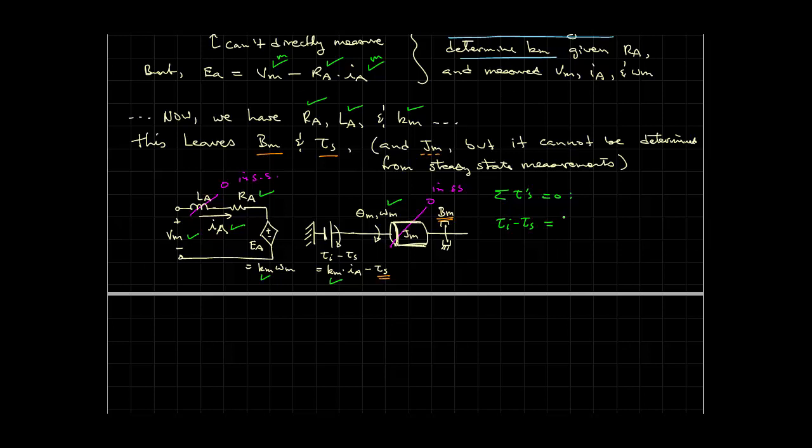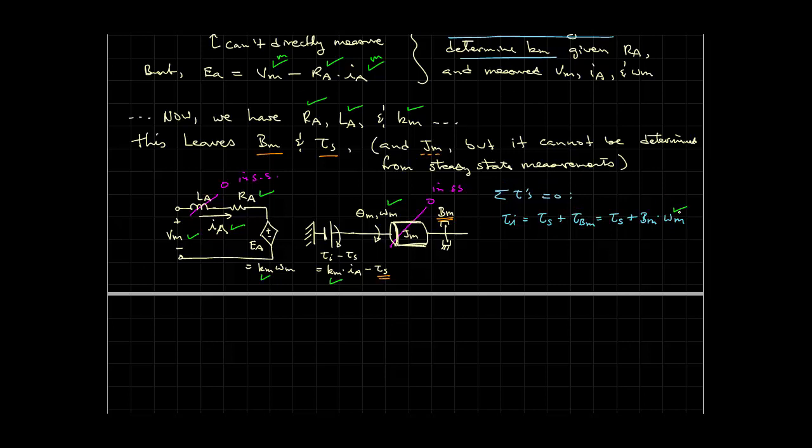So the only opposing torque we have is tau Bm. In fact, I will rewrite this as tau I equal to tau s plus tau Bm. And we can rewrite this again as tau s plus Bm times ωm.